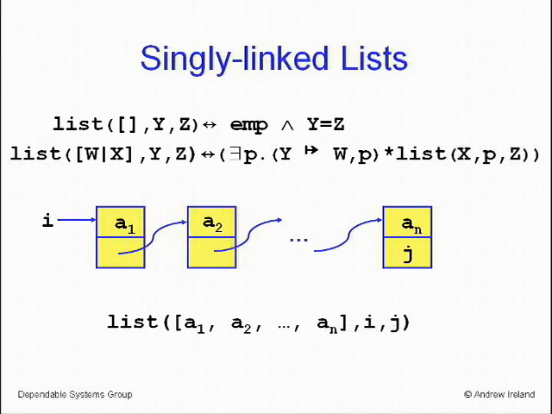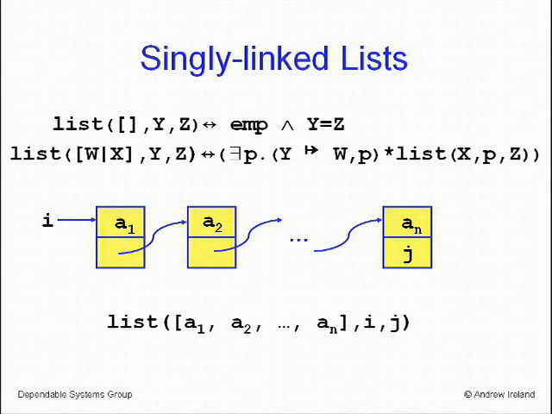Now this list predicate has 3 arguments. The first argument is an abstraction of the linked list structure. It's simply abstracting out the data values. So this represents the picture above, where the data values are A1, A2 through to AN, represented here using a Prolog list notation. So think of that as a sequence of data elements.